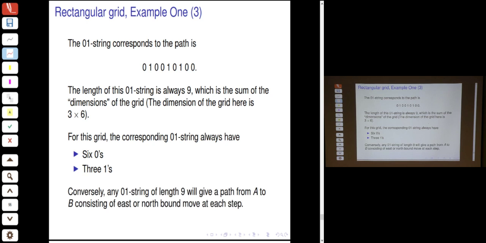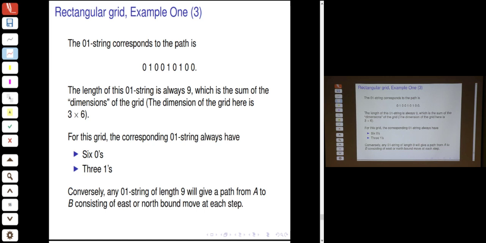So this is clear, right? The corresponding 0-1 string always has 6 zeros and 3 ones, because you are not allowed to backtrack. You have to go 6 steps to the right, no matter how interlaced with the vertical steps. You have to walk to the east 6 steps, right?